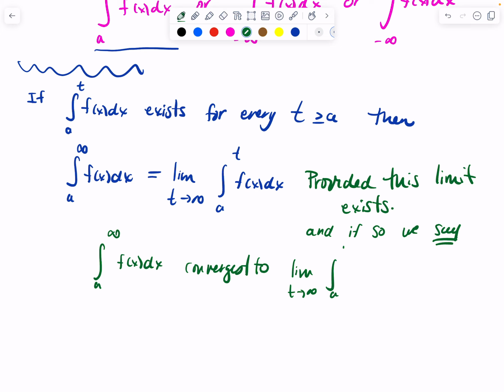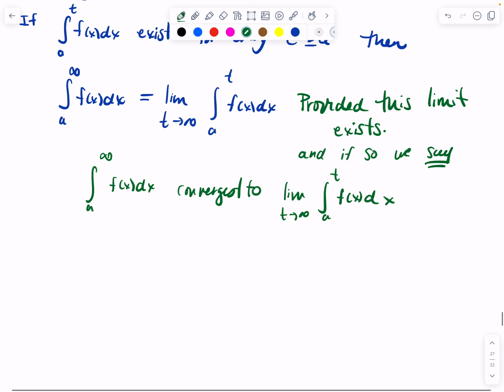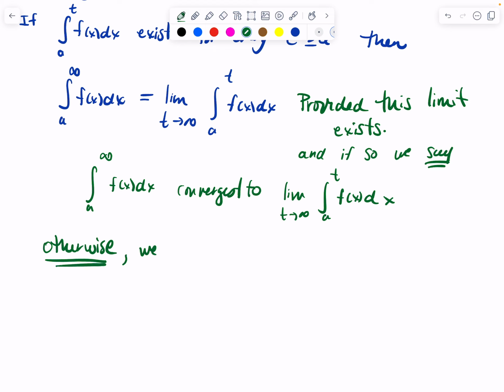So we say it is a convergent improper integral and it converges to that limit as long as it exists. Otherwise, that is, if the limit does not exist, we say the improper integral diverges. So there's only two answers. It converges to that limit, or it diverges.